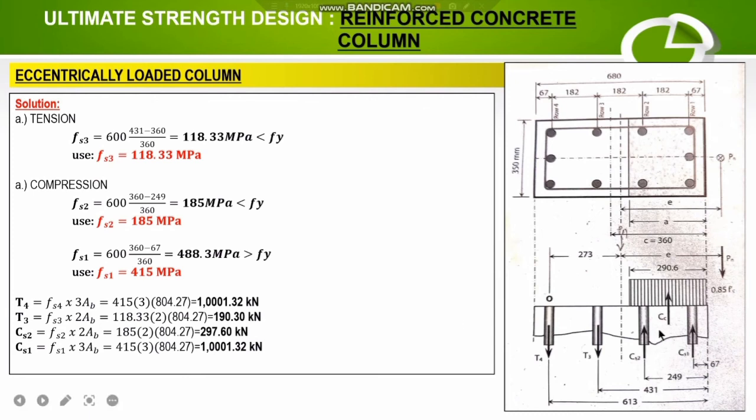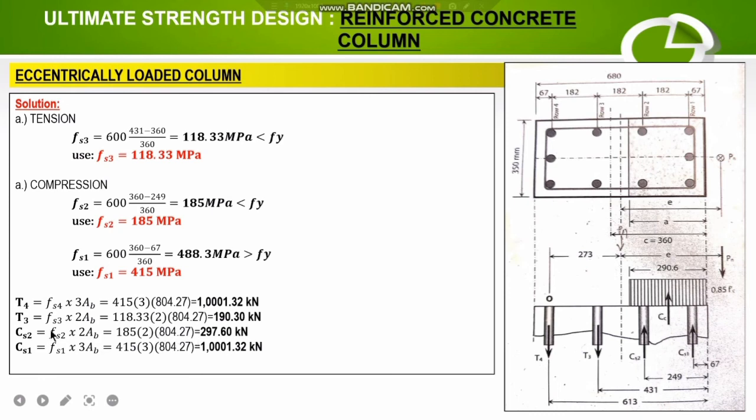Then for the compressive forces which act in the compression section, CS2, there are two areas which are covered by this particular compressive force, CS2. So therefore, CS2 is equal to Fs2 times 2AB, which is equal to 185 times 2 times 804.27.